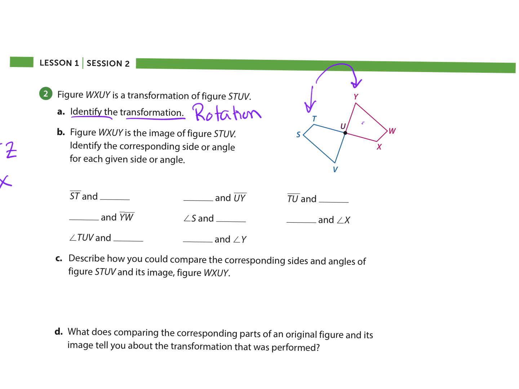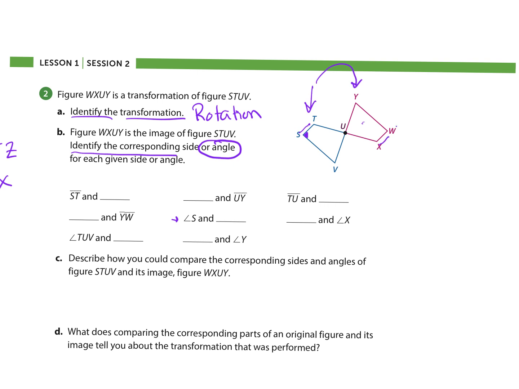So now they want us to identify the corresponding side or angle. Okay, so I'm just going to do the angles since we already did sides on the last one. So angle S. This is angle S right here. And I want to know on the red shape, what is the corresponding angle? Well, this is the little short side, and this is the little short side.